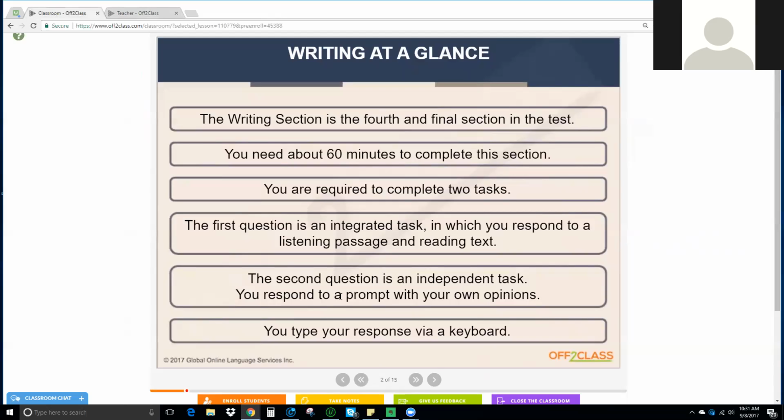Okay, so we talked about an independent task. And then when you respond, of course, you're going to be doing the internet version of the exam. So you'll be typing your response on a computer keyboard.